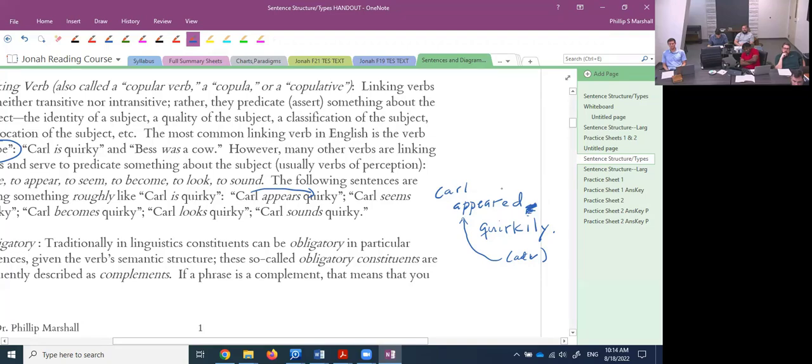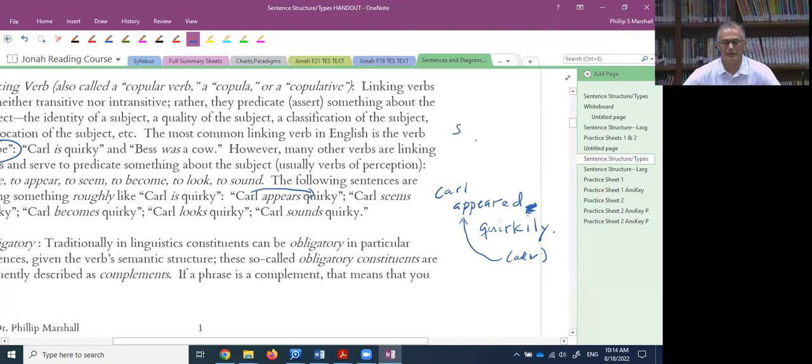All right. So whenever I have a linking verb, I'm going to have a subject. I'm going to have a verb that's, I'll just do LV here for linking verb. There always has to be something else that comes that tells me what the subject is, appears to be, sounds like, becomes. Okay.